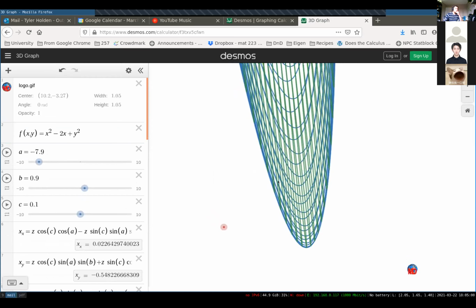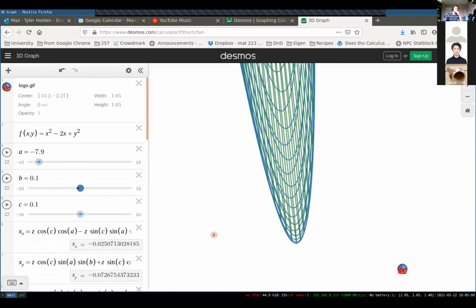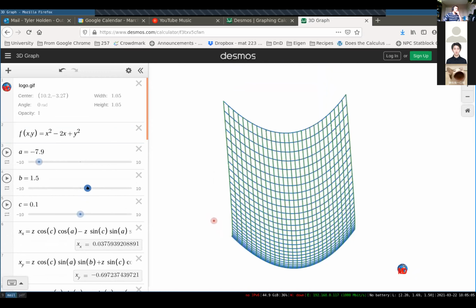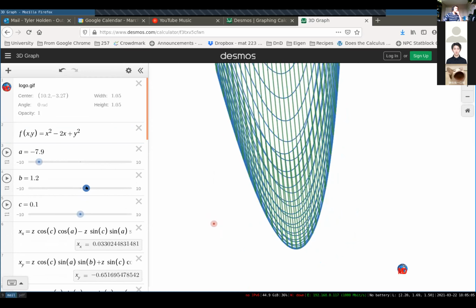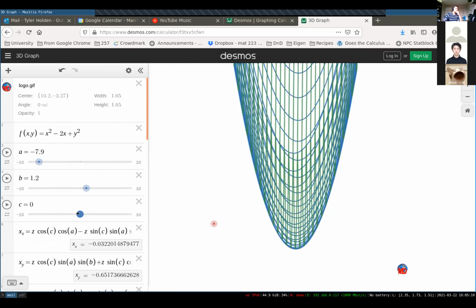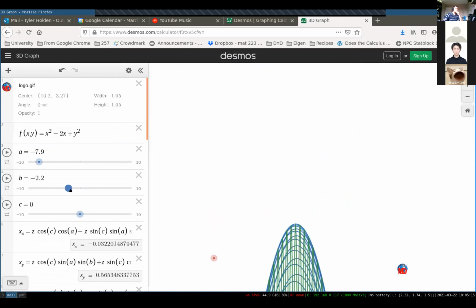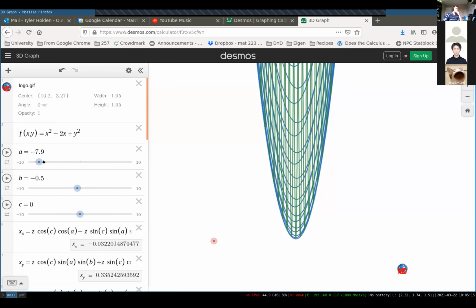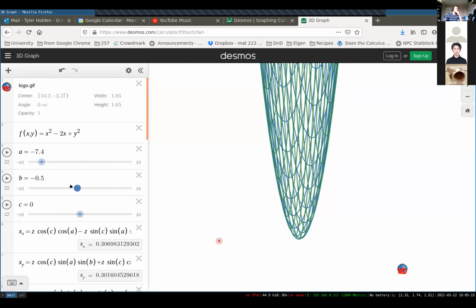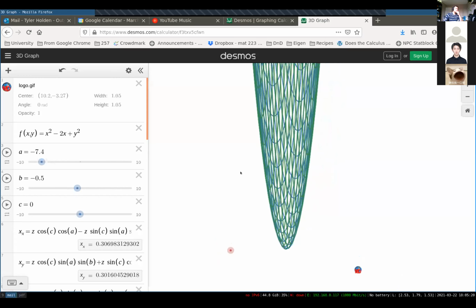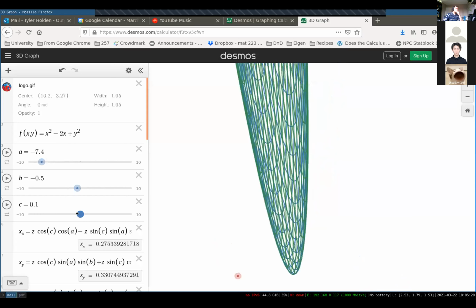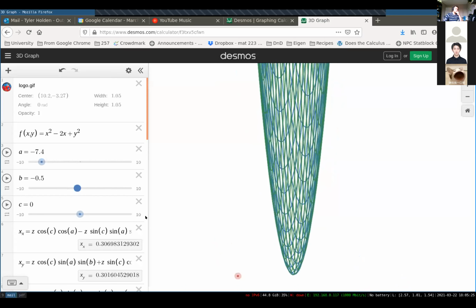It's kind of hard to graph three-dimensional things. Let me see. No, that's not going to do anything. Okay, so this is a big bowl.